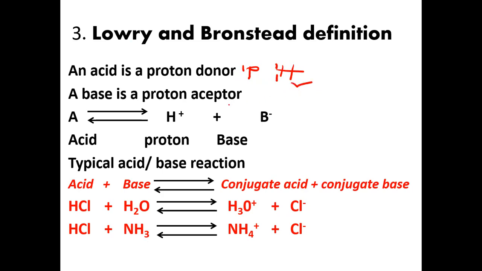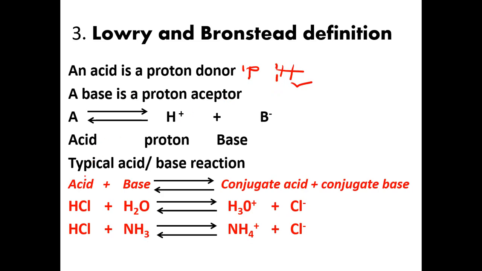So in chemistry, when we mention donation of a proton, we are basically talking about donation of hydrogen. And in pH calculation, when you say a proton, you're talking about hydrogen. So once the compound is able to donate hydrogen to another compound, then it qualifies to be an acid. Similarly, if this compound is able to accept this proton from another compound, then it's a base.